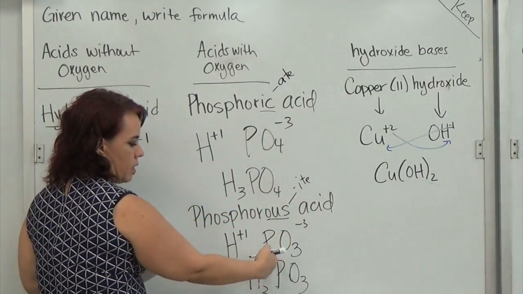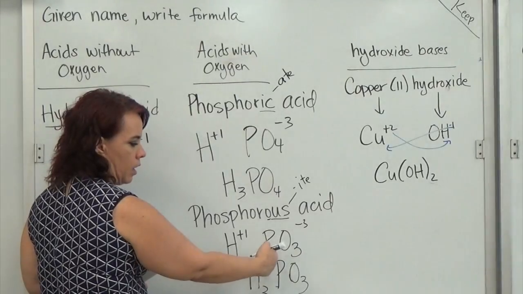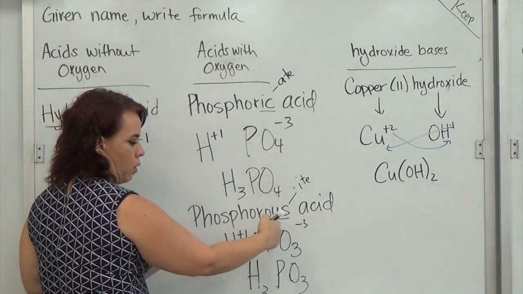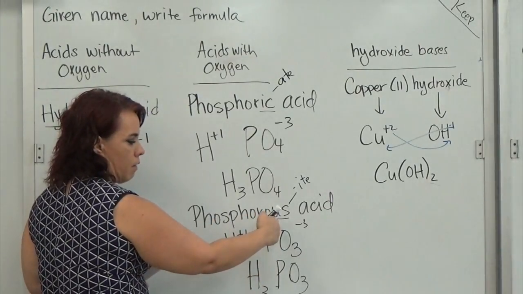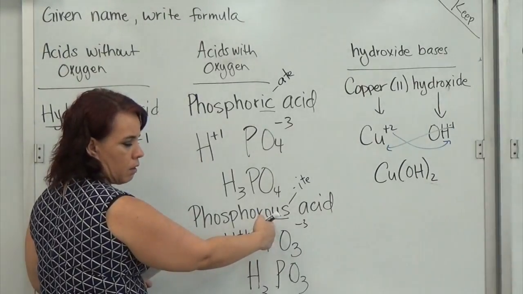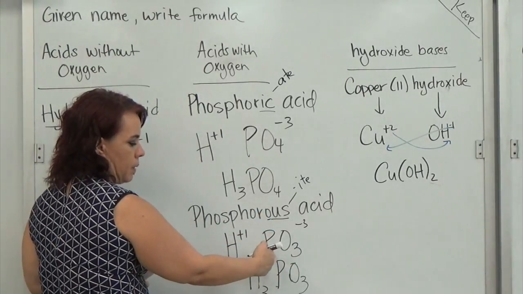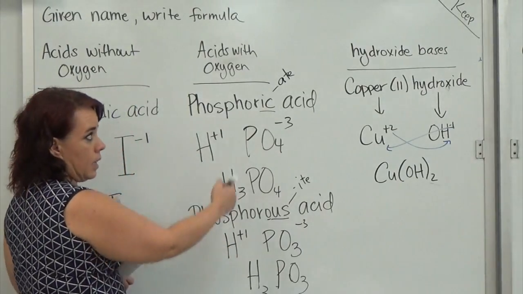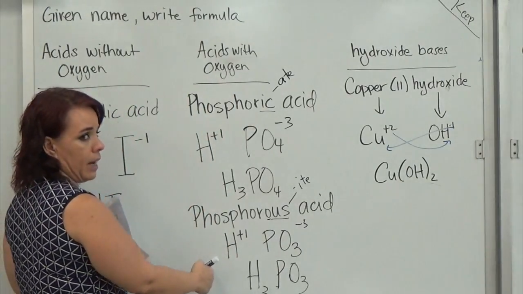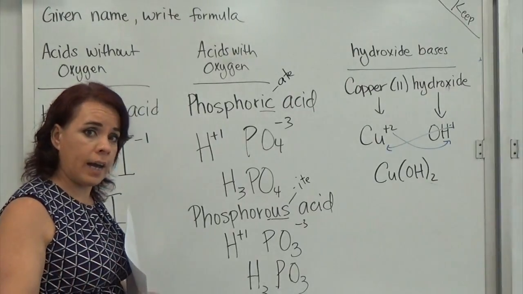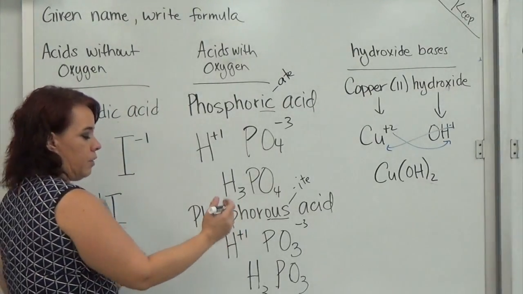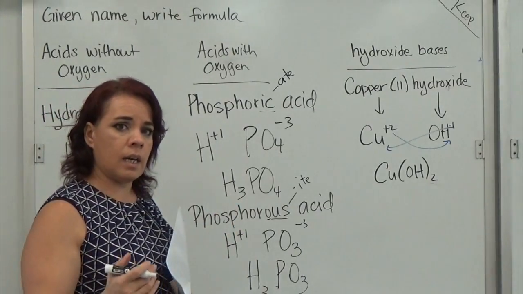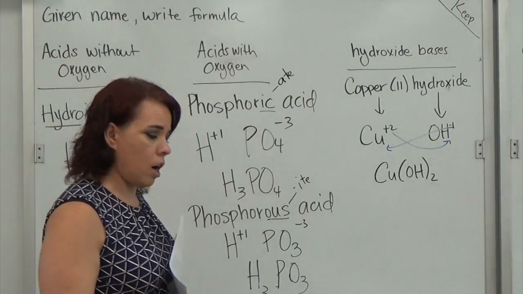So this is the phosphite ion to represent this portion of the phosphorous acid formula. So here's my PO3. It has a -3 charge. Again, because it is an acid, it does have hydrogen. All acids have hydrogen. All of the hydrogen ions in an acid have a +1 charge.